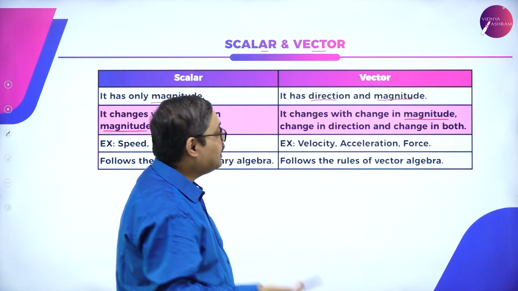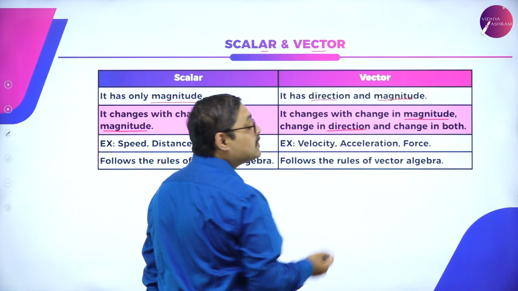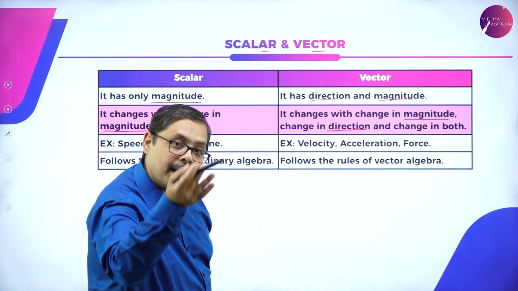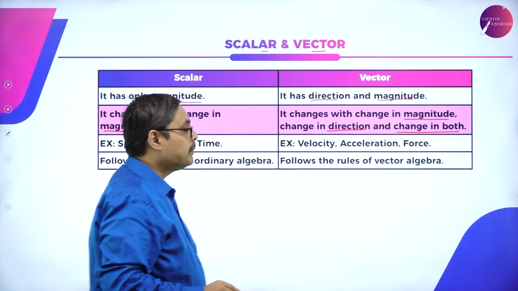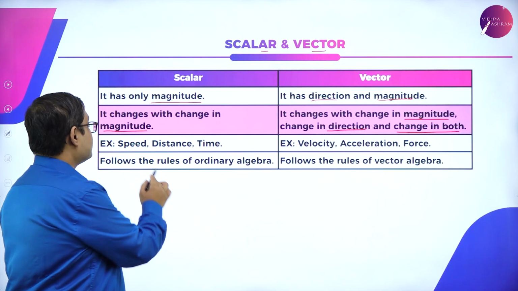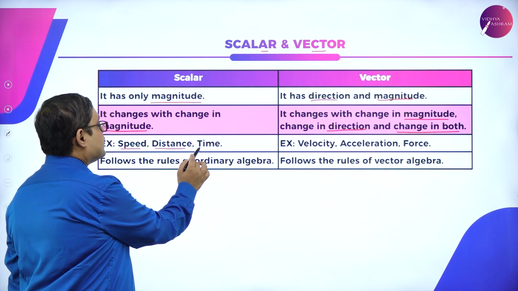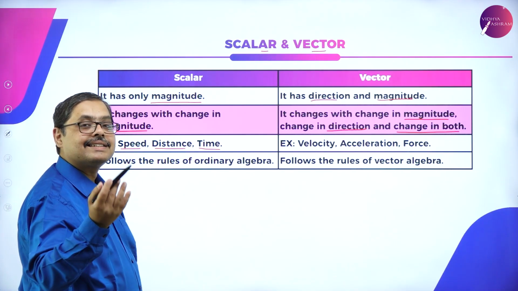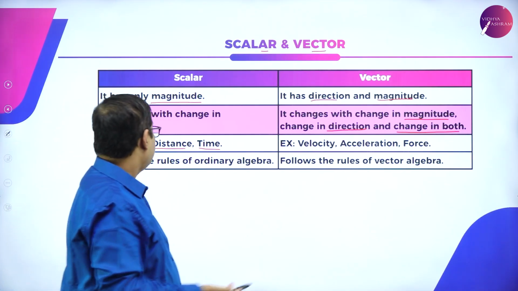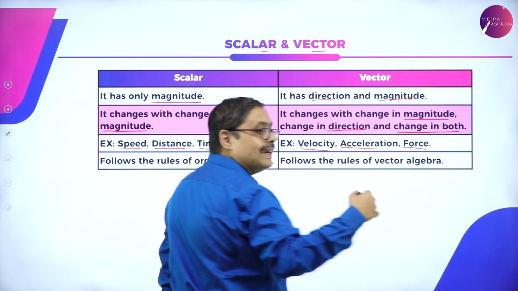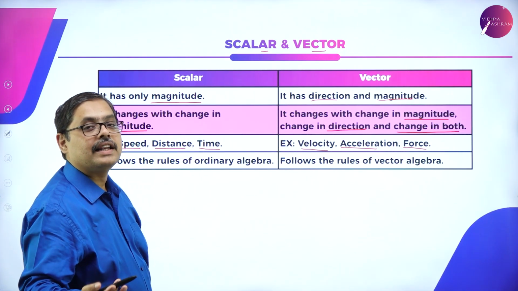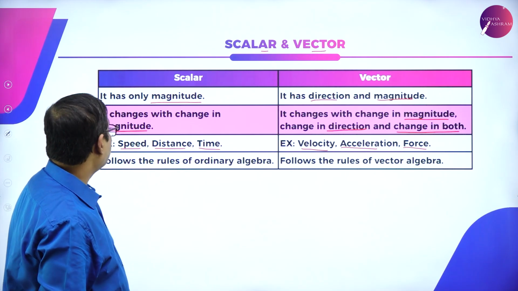If there is change in direction, the vector changes. If there is change in both magnitude and direction, then also the vector changes. Okay? What are the typical examples? Speed, distance, time are typical examples of scalar quantities, whereas velocity, acceleration, force, displacement, etc. are typical examples of vector quantity.